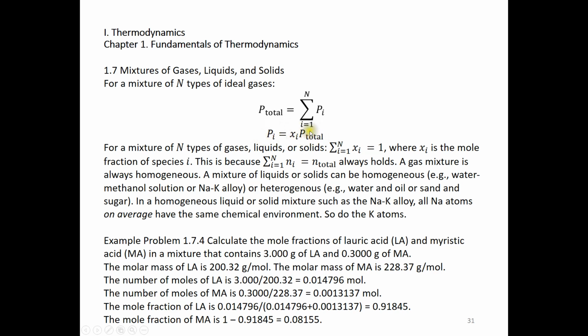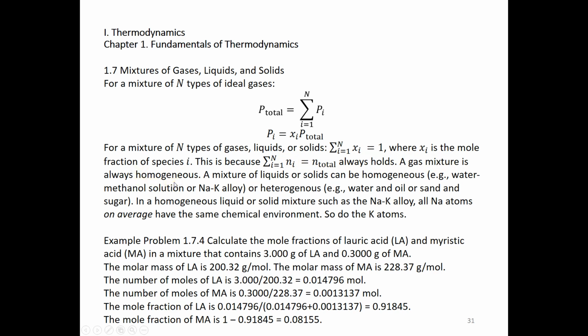And based on this equation, we can tell the sum of all mole fractions is 1. And also the sum of the number of moles of all species is N sub total. A gas mixture is always homogeneous.